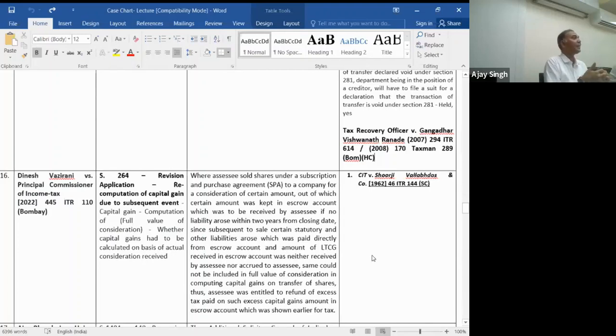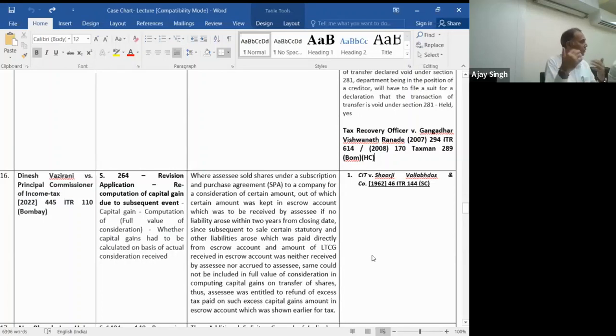But when this event has taken place, the return has already gone. The assessee has already complied with it on the basis of what has happened on 31st March. Now the question arises, as per the real income theory, whether the assessee is required to pay the taxes or the assessee can have some remedy to take back.